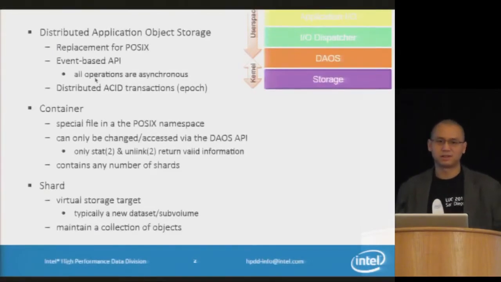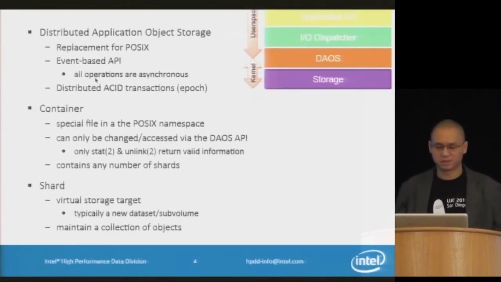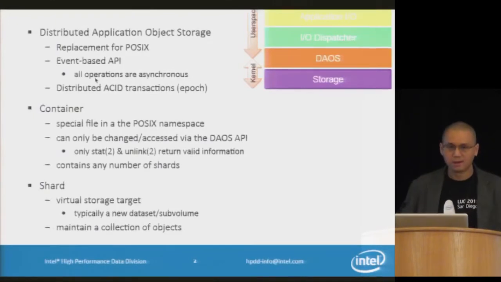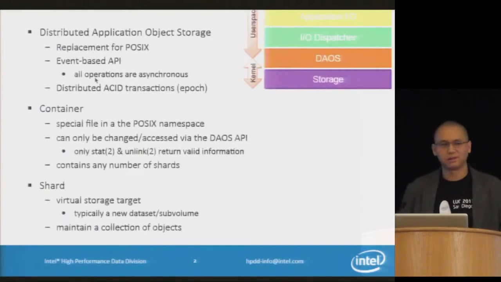But internally, a container can contain tens or hundreds of shards, and each shard can contain millions or billions of DAOS objects. So the container and the objects inside it are really the place where an application can store its data and metadata. And in the current phase, the container is the entity that a user can start a transaction for.